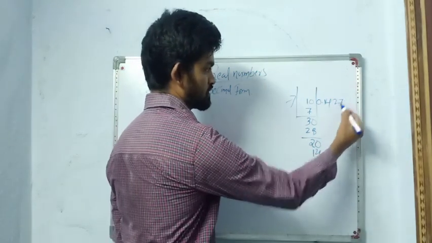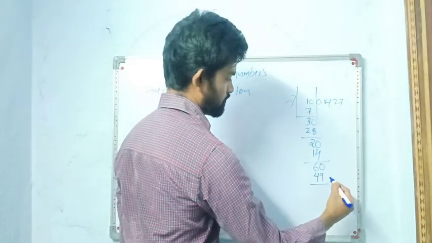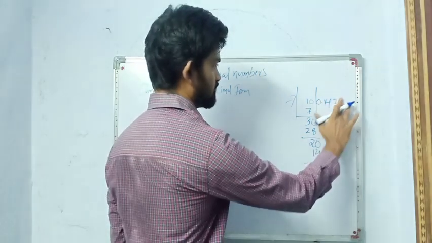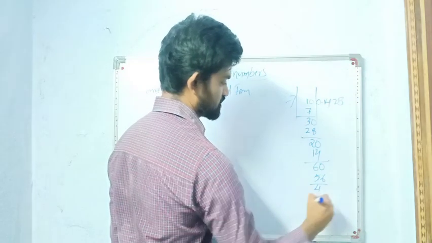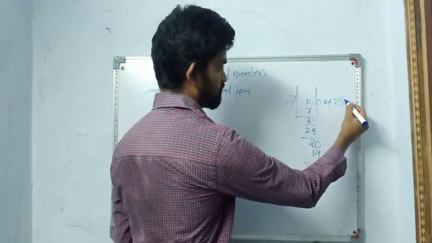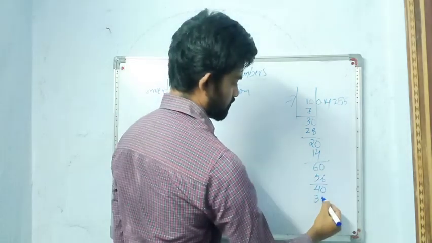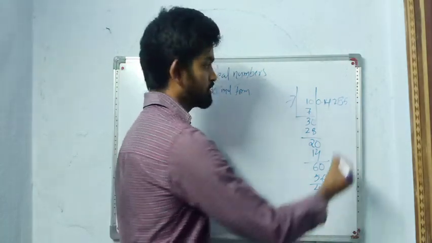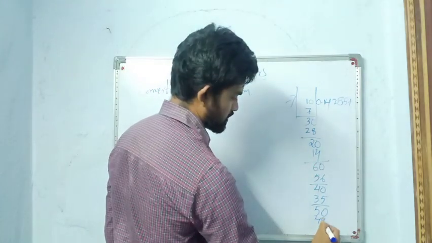7 sevens are 49, or you can take 7 eights are 56, so the remainder you got is 4, again 0 carries. 7 fives are 35, remainder 5. Again 7 sevens are 49, remainder 1.